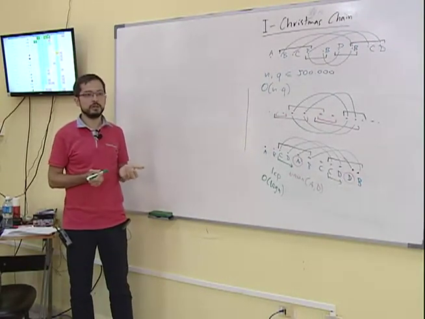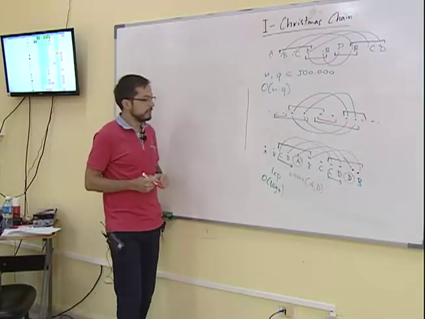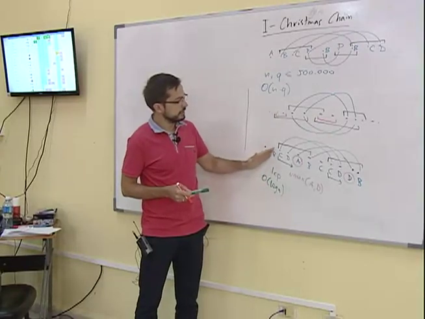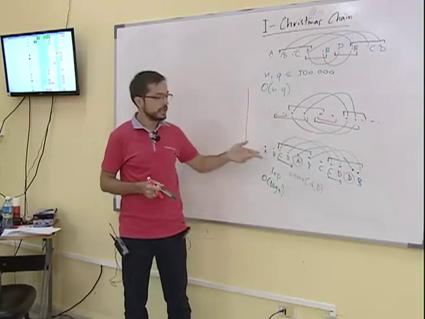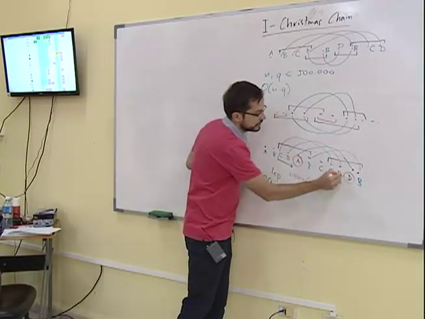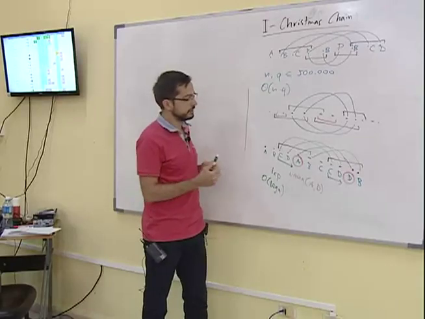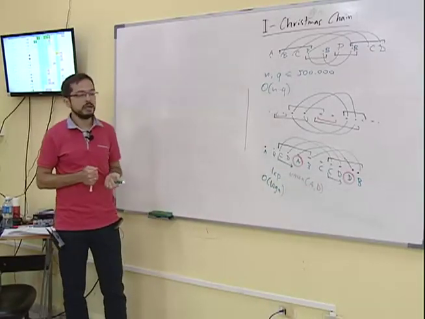What do we do next? If the hashes are equal, then we don't need to do anything. If they're not equal, then we have this first position which is different, and then we will do the union. So we will do some work.